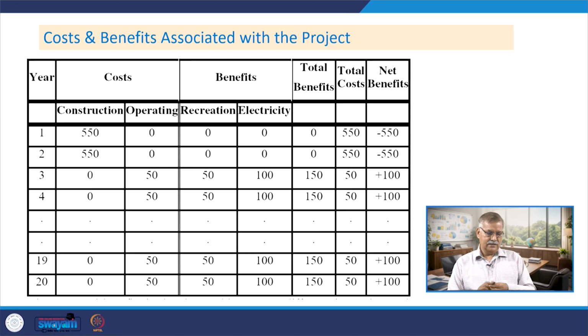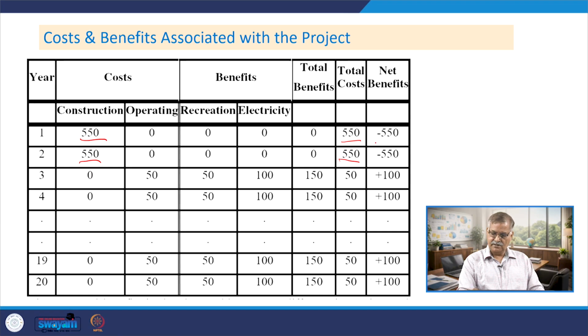This table clearly tells us that in the first year 55 lakh is spent, then in the second year 55 lakh is spent and the project becomes complete in 2 years. During these 2 years there is no benefit, only cost, and total cost is 55 lakh in the first year and 55 lakh in the second year, and benefit is negative because it is a loss.